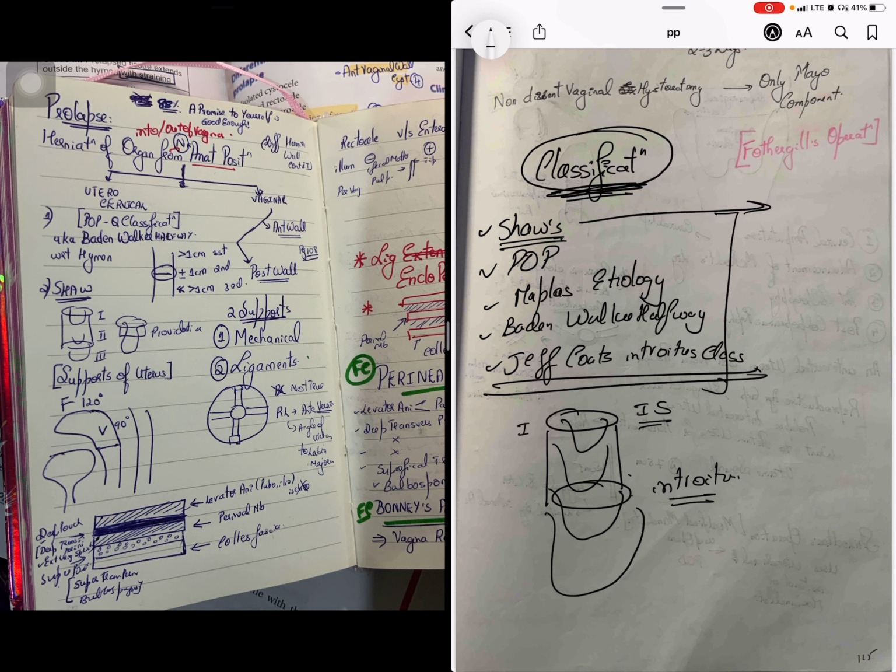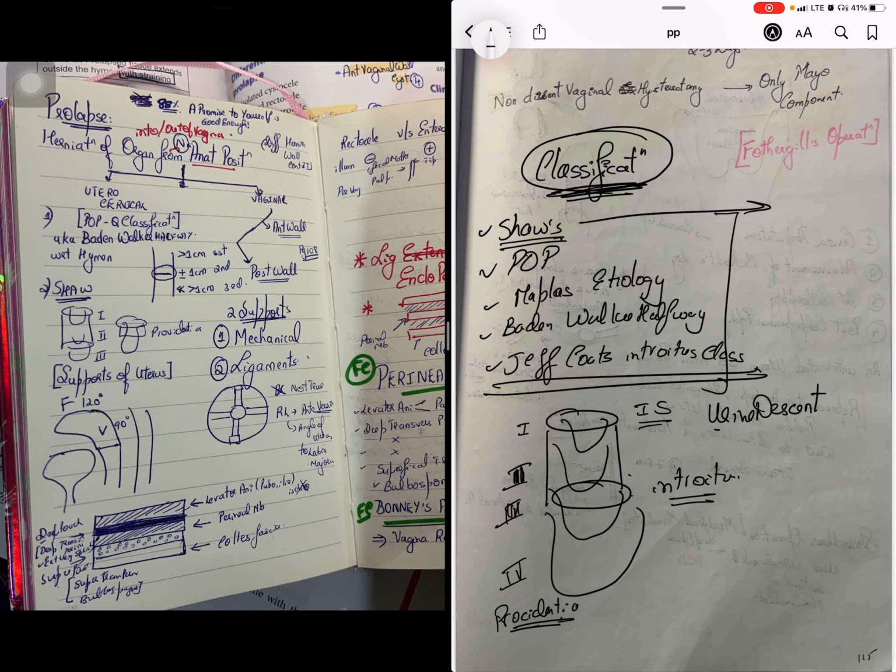Fourth degree, complete inversion, that is procidentia. So that is Shaw's grading of uterine descent.